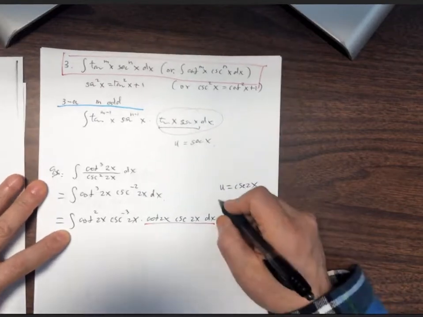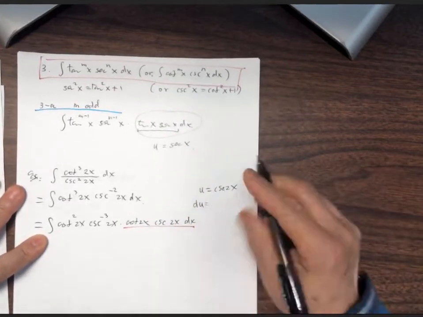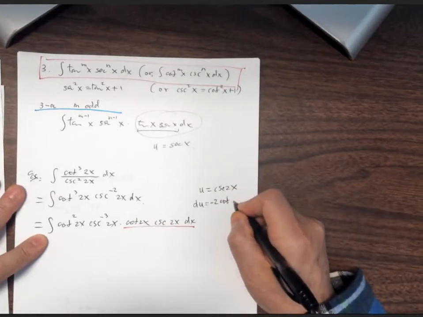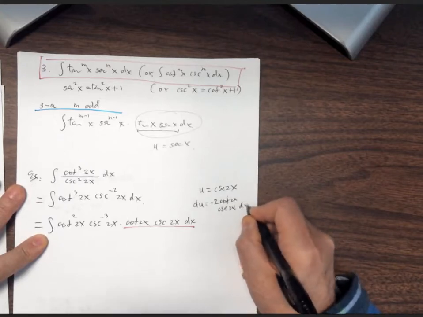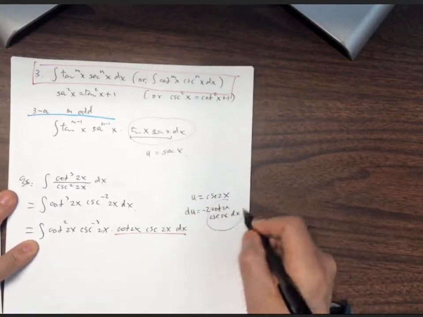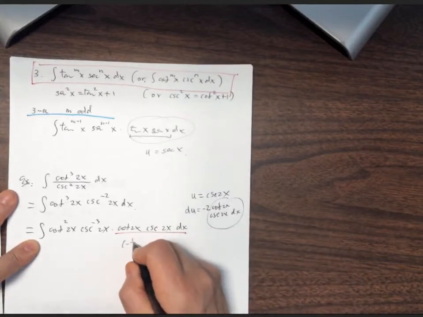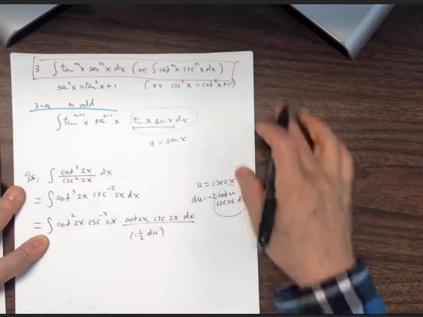Let's see how this is going to work out. So do the differential: du equals, by the chain rule, negative cotangent 2x cosecant 2x dx. See the combination here? So the combination equals negative half du, this part.